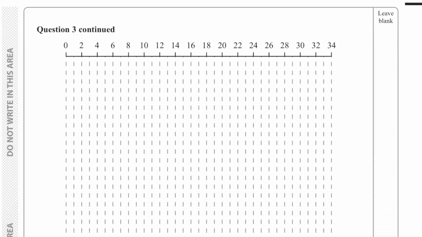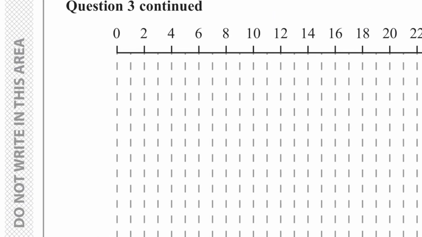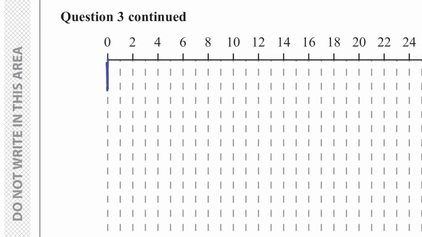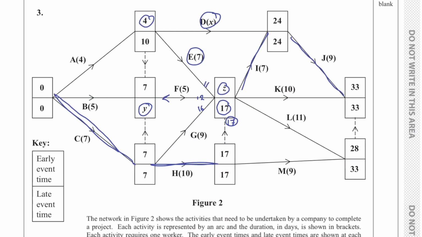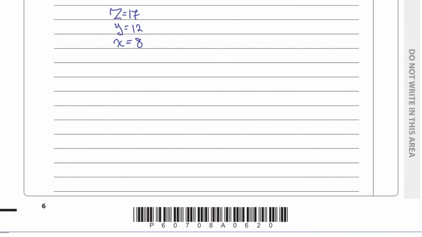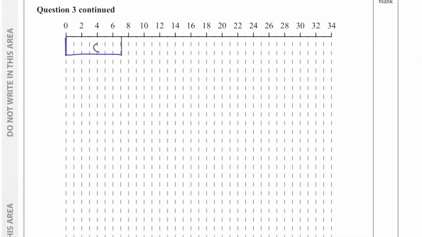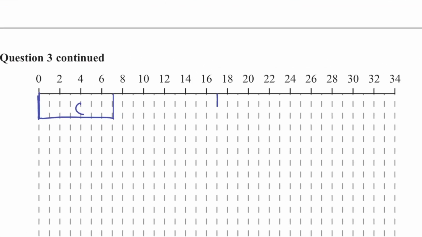So I can write that down. We're going to draw some clean boxes, but I'm going to speed run it. C was 7, right? I think so. One second, let me check. Yes, it was 7, and then we want to go to 17 over here.